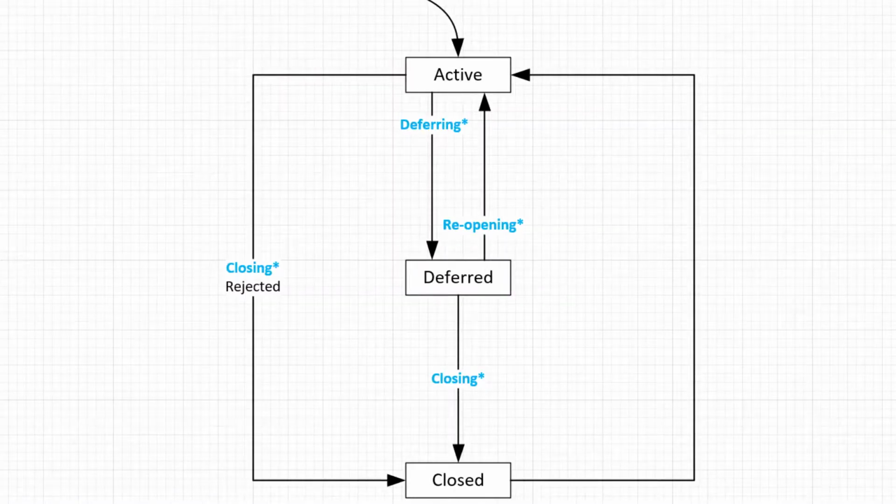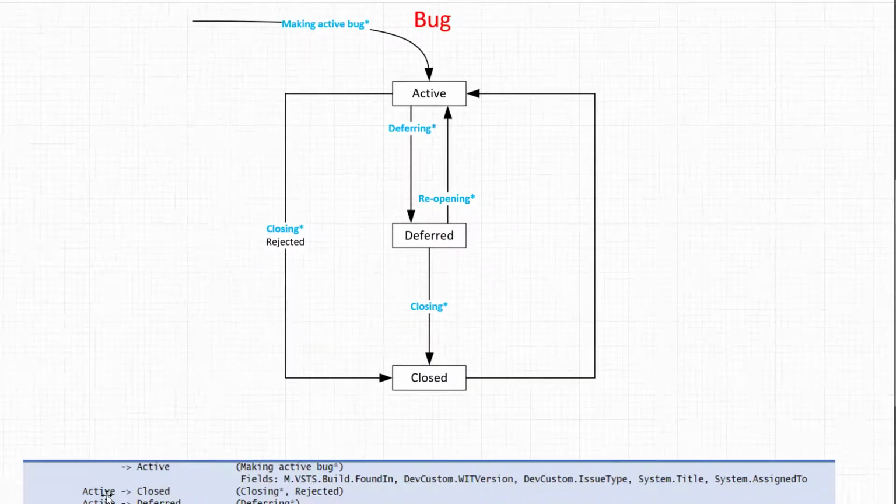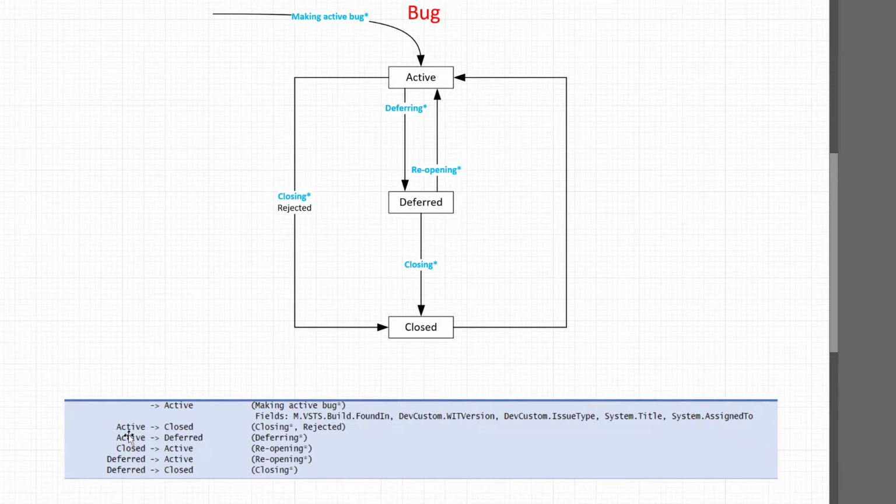So do we have everything now? We got making active bug, active to close, closing and rejected, active to deferred, deferring, close to active. Oh, we don't have that. Close to active is also reopening.